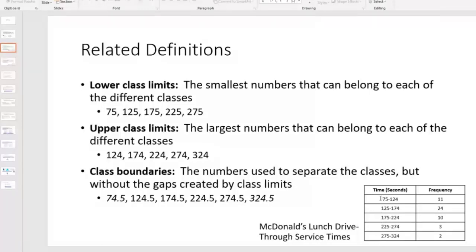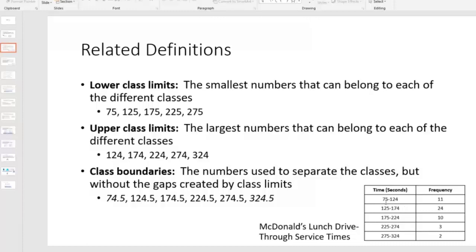Those are the lower class limits, which implies that each one of these categories is a class. The different section you divide it into is a class, and we have a lower class limit, and then the upper class limits are these higher numbers, the ones that all end in 4s, and they're listed out there.